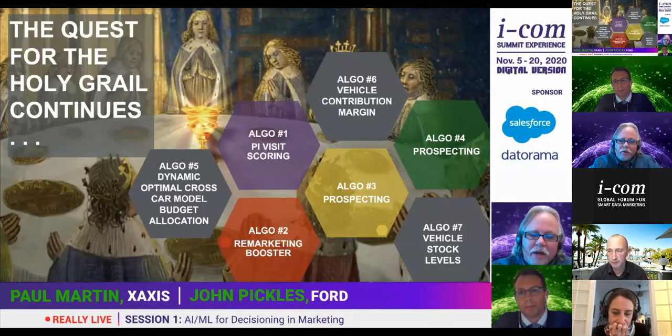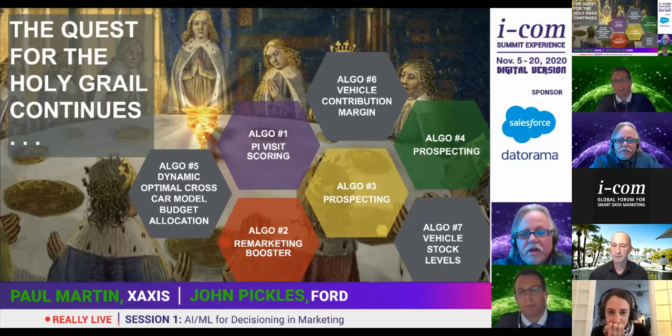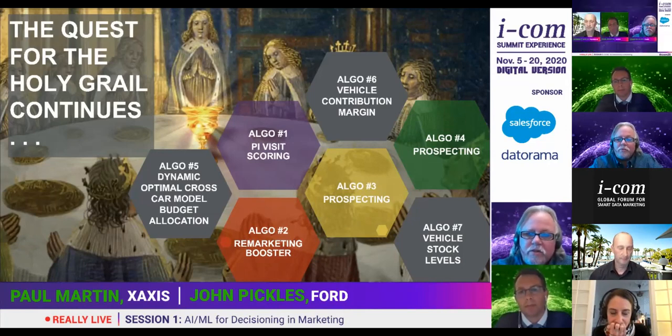Now we're able to look at other ways of doing that, both on the tactical level, such as optimizing bids for the inventory that we have online, or at the more strategic level, optimizing our bidding according to the contribution margin that a particular product line, in our case a vehicle, will have. So those are the things that we're looking to explore now, and it's been a great journey and continues to be a highly profitable one.